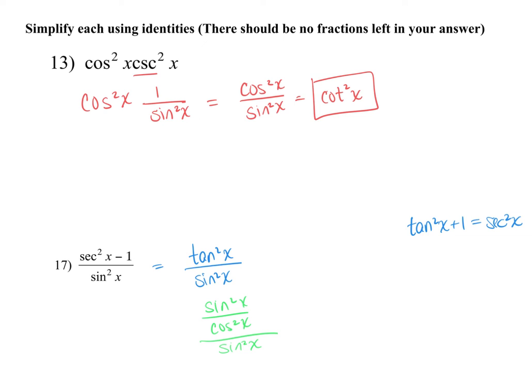Flip, I would say that's going to be keep my sine squared over my cosine squared, multiply that not by sine, but by 1 over sine, right? And then I'm going to get 1 over cosine squared. And I can rewrite that how? What's 1 over cosine squared?